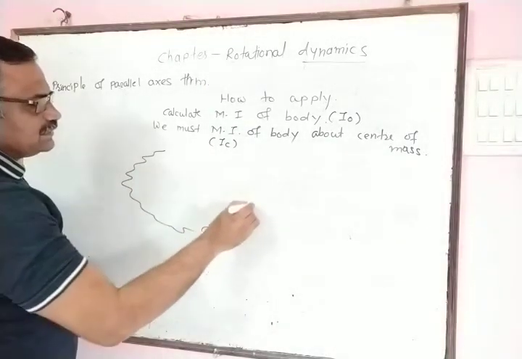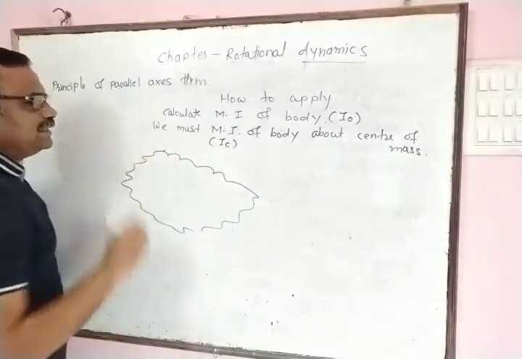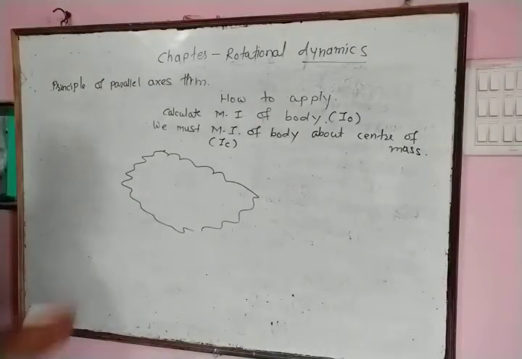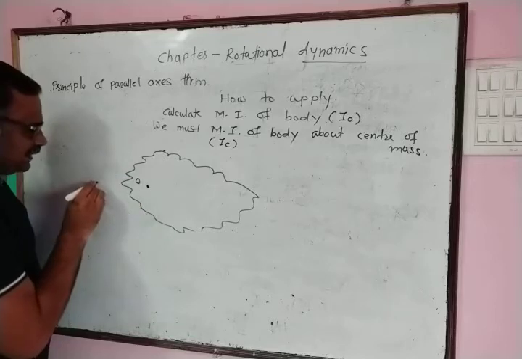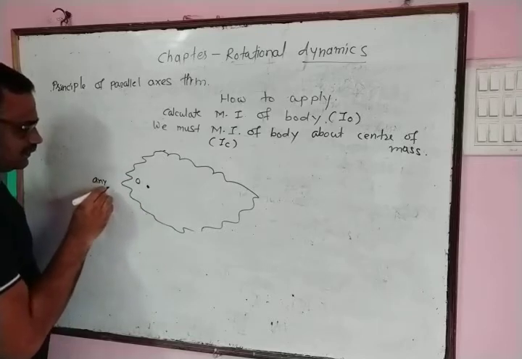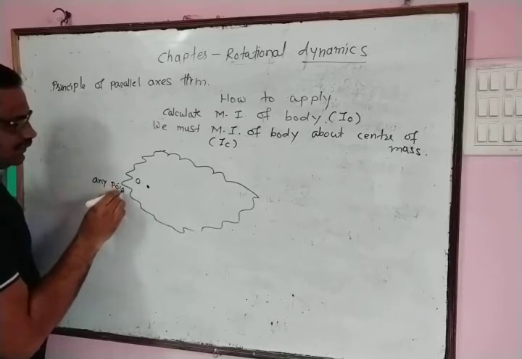Now we draw a rigid body. Consider this is rigid body of any shape. Let O be any point on the body.